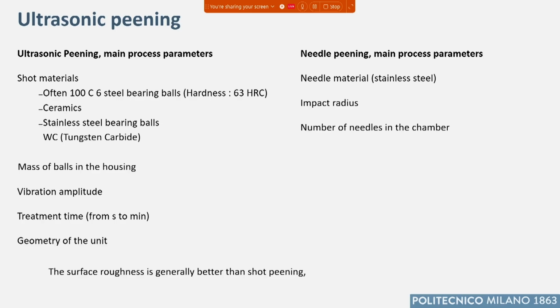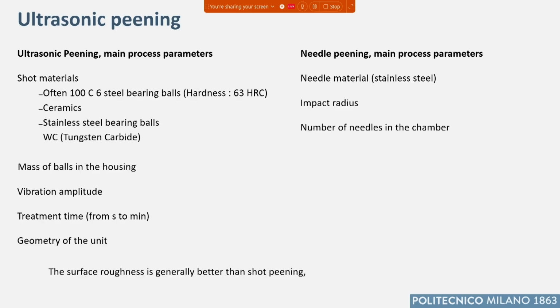Some other detail about ultrasonic shot peening. The shot materials are still the ones that many times are the ball peening parts, so 63 Rockwell C. They can also be ceramic, tungsten carbide, or stainless steel, bearing steel.